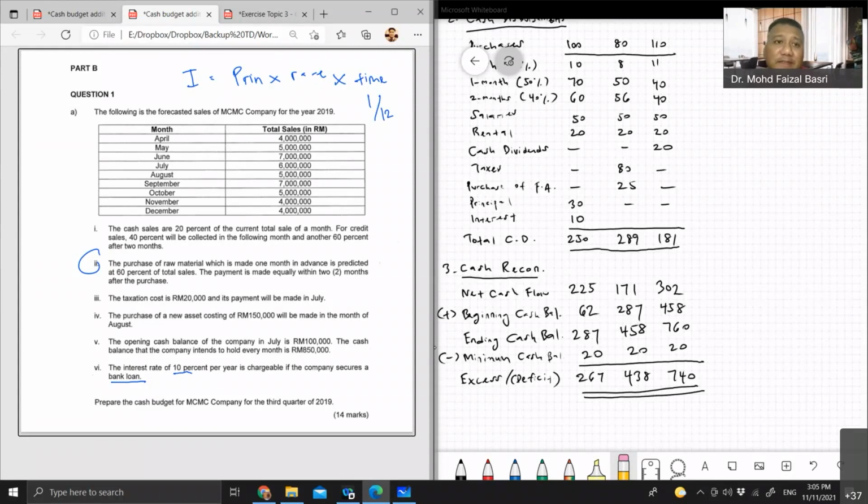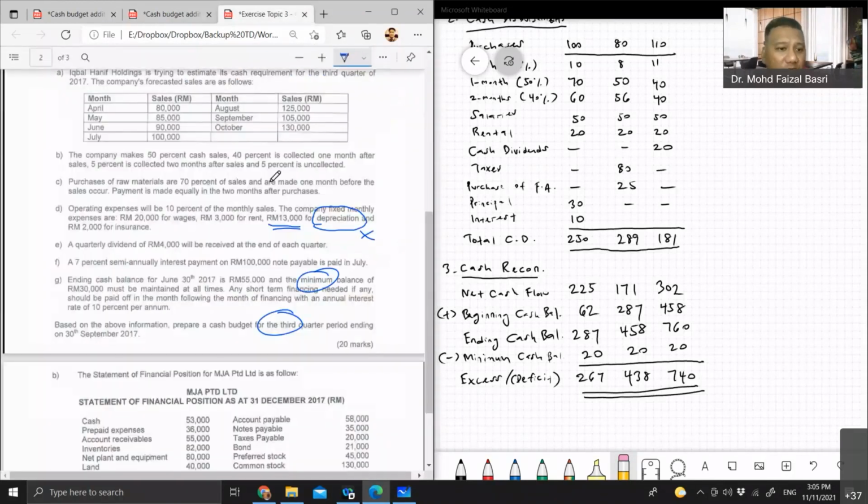Okay, selalunya dia akan mention lah, dia akan direct you what to do. Macam ni lah soalan ni I think nanti check bahan ni. Kalau ada deficit lah dia kata kat sini, any short term financing required must be paid off the following month. Maknanya kalau you pinjam 267,000, so the amount ni you kena bayar everything next month together with the interest. How much? Interest dia pun 10%.